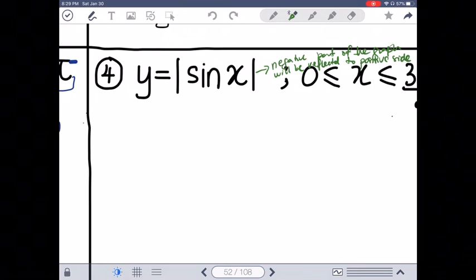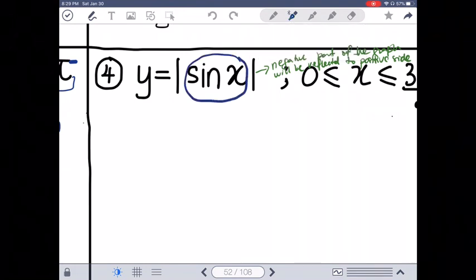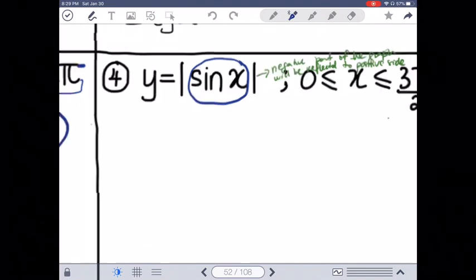For example, we have y equals modulus sine x. The way we look at it, we try to solve inside first, then only we take the modulus.